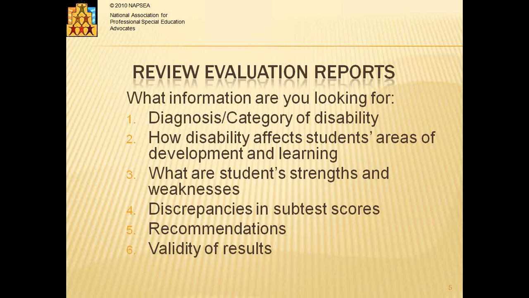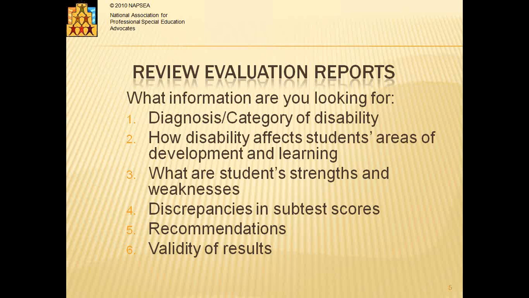You want to review the recommendations and make sure that you highlight and note any recommendations that you feel would also be helpful. You want to look at a statement clarifying the validity of the results. Whenever the child is evaluated, depending on how they are at that evaluation, the evaluator should provide a statement saying, you know, little Johnny was able to participate, he gave good effort, he was fully understanding of the directions, so the validity of the results is appropriate for the student.